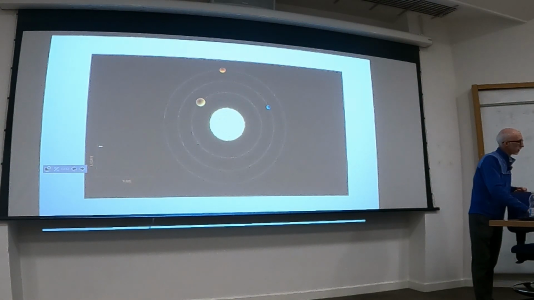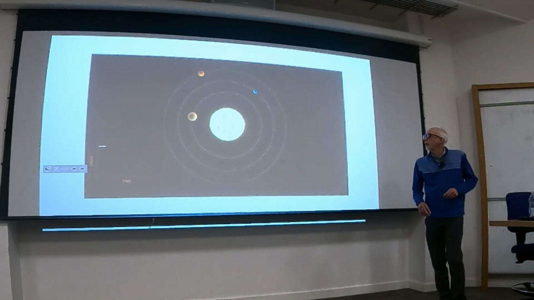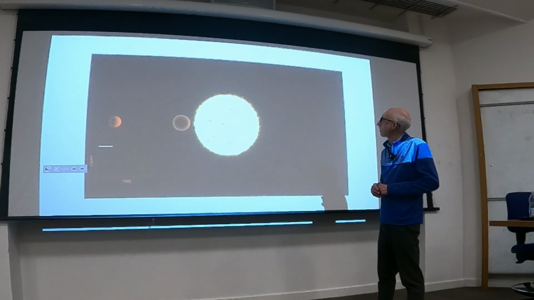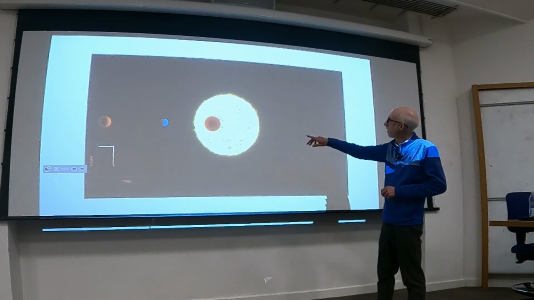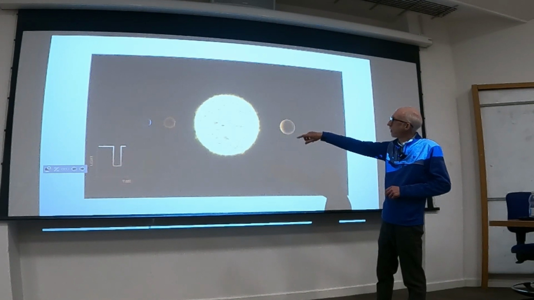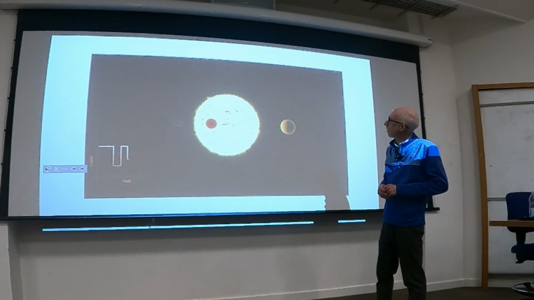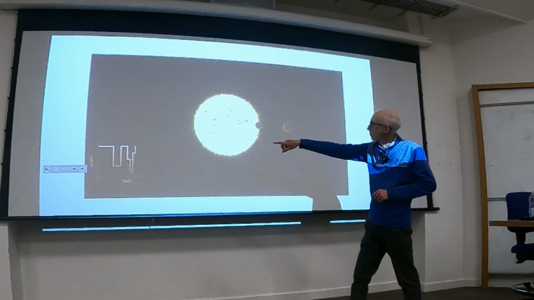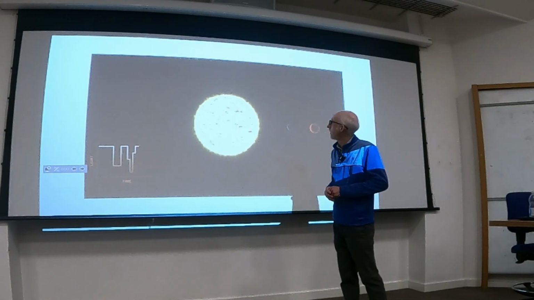Another animation. And you can pick out the planets by their transit dips. So you've got the biggest planet there, and then you've got the next two, and then it dips again as the second, and then goes back up, and then that's it.